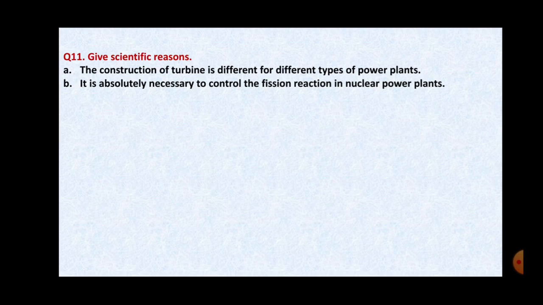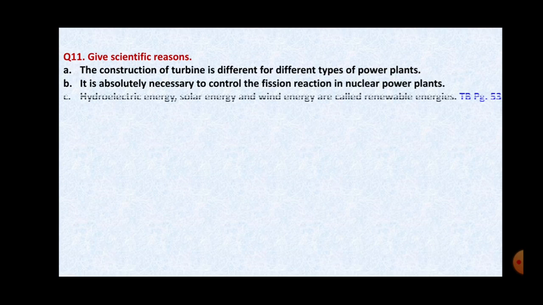These neutrons again bombard the uranium-235, and thus a chain reaction takes place. In this way neutrons are released and in turn cause the fission of the uranium atoms. So this uncontrolled reaction can be very hazardous, and thus we have to take absolute precautions. It becomes necessary to control the fission reaction in nuclear power plants.